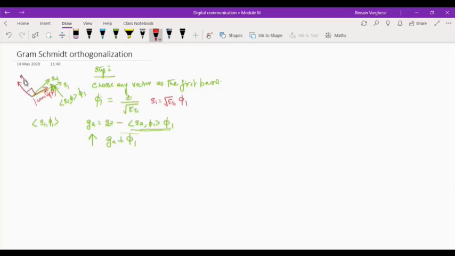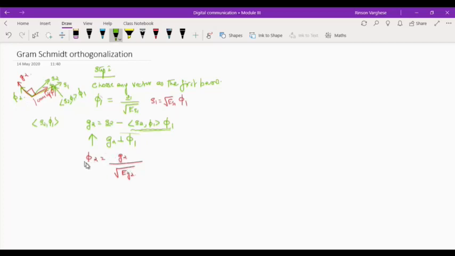Now to generate the second basis, phi2 is G2 divided by root of its energy, E G2. This will give you a basis, phi2. I have normalized it with energy.